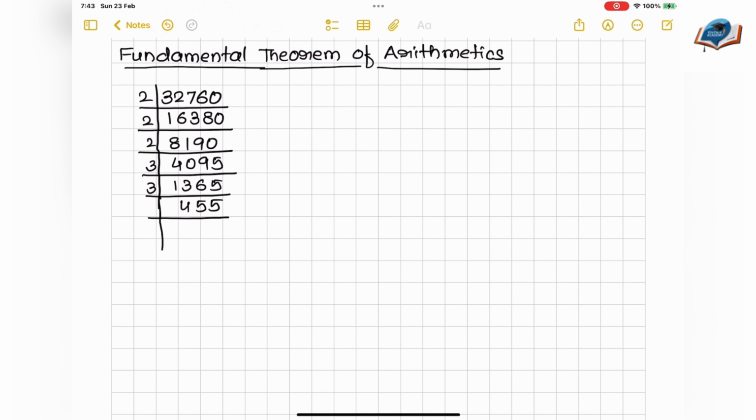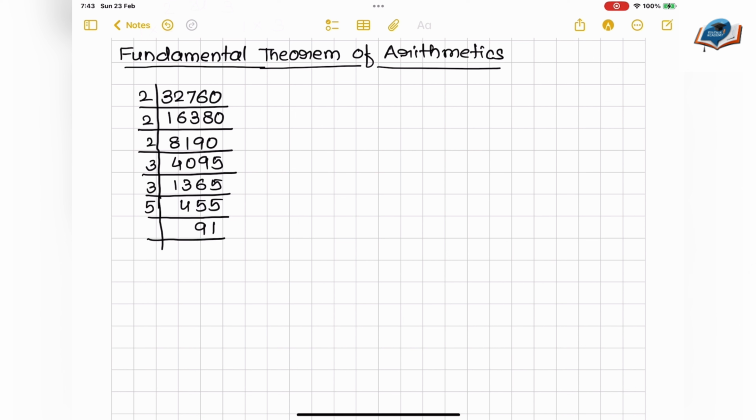Now it is not going with 3 as the total is not divisible by 3. Now with 5, 91. Now with 7, 13 and 13 over.